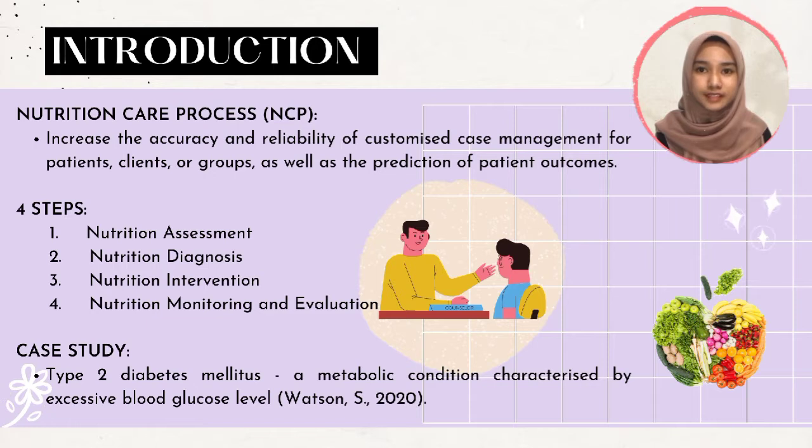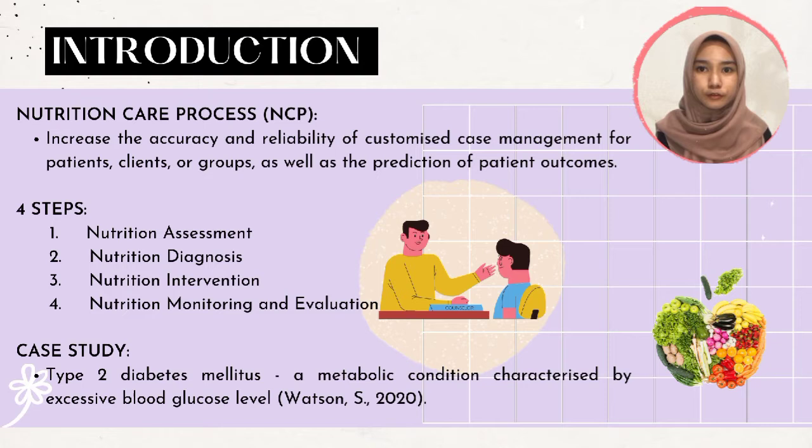Second is nutrition diagnosis, which involves the nutritional problem that the dietitian needs to treat. The third one is nutrition intervention, which consists of objectives and principles for treating the disease. The last step is nutrition monitoring and evaluation, which is done to monitor and assess the effectiveness of the prevention of the disease and the patient's outcomes.